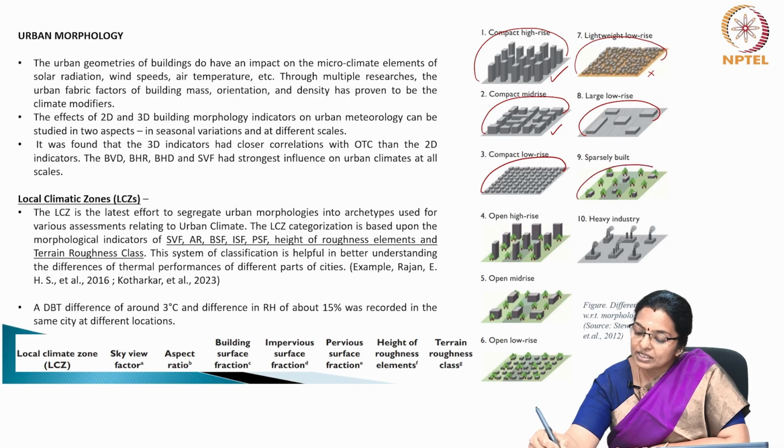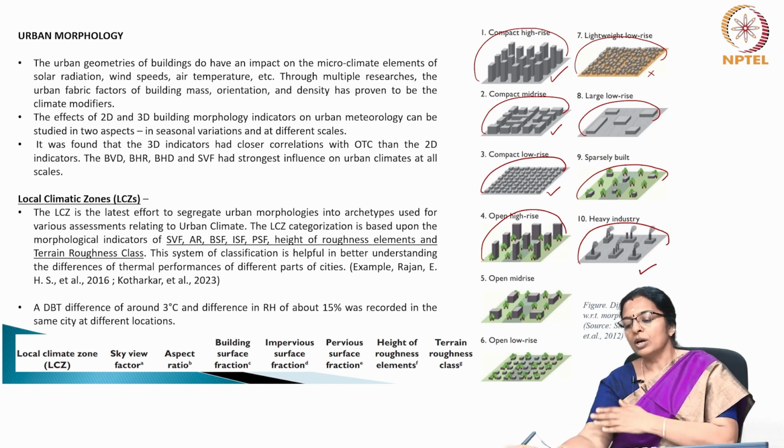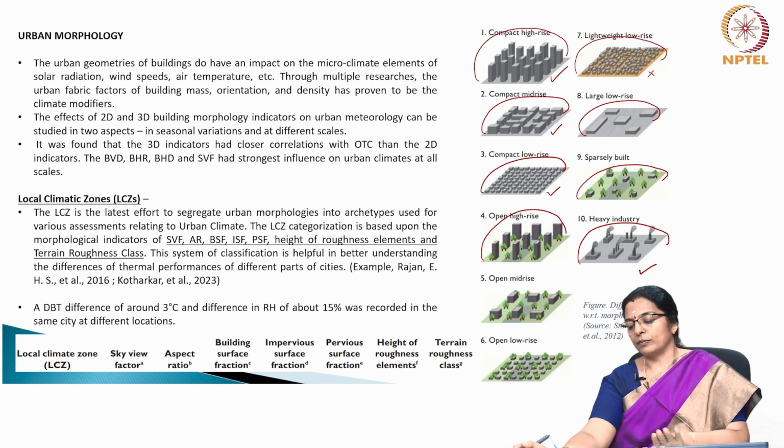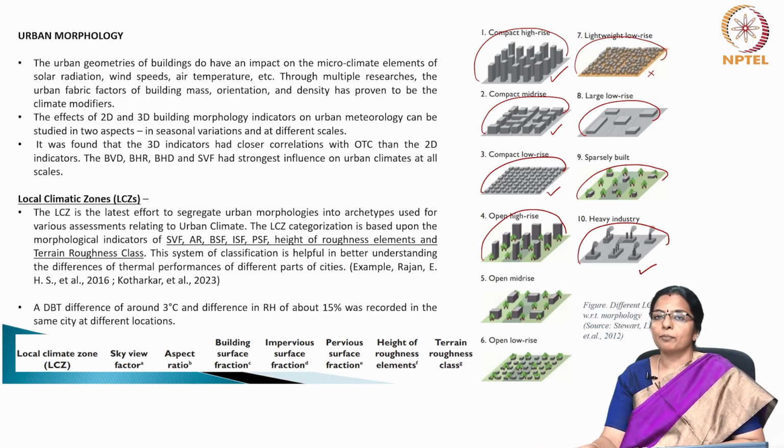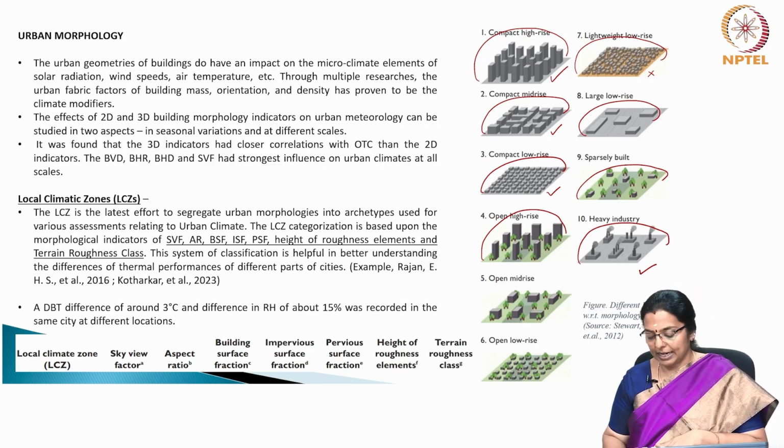Compact low-rise versus sparsely built with a lot of green vegetation. UHI is going to be high here. Open high-rise with vegetation versus heavy industry, it's going to be high here, and so on. So, these are relative. There are various conditions which exist in urban areas, and one is better than the other, or one is worse than the other, in terms of increasing urban heat island.